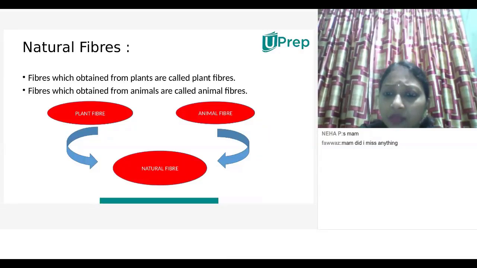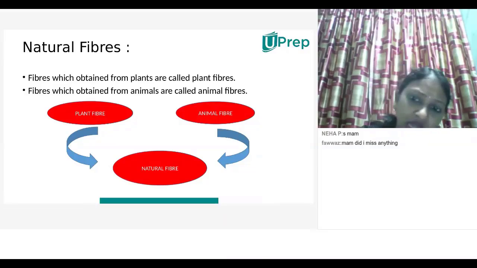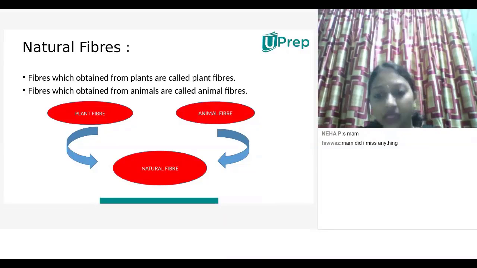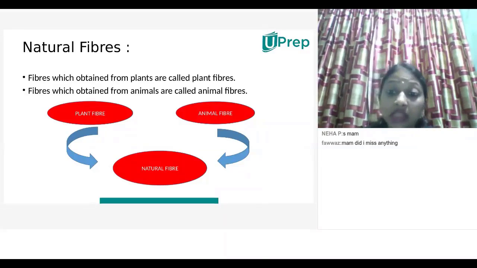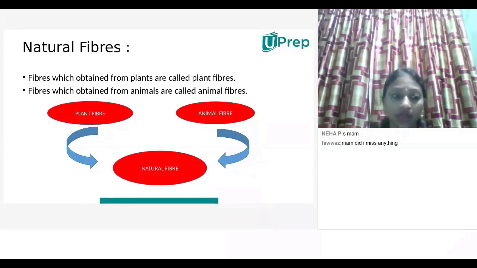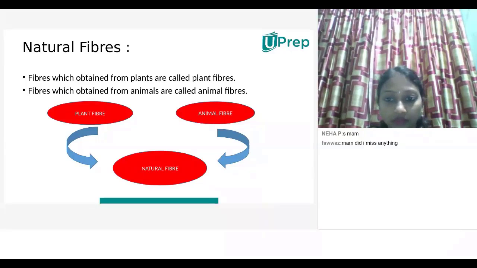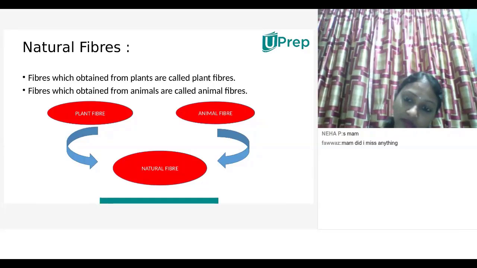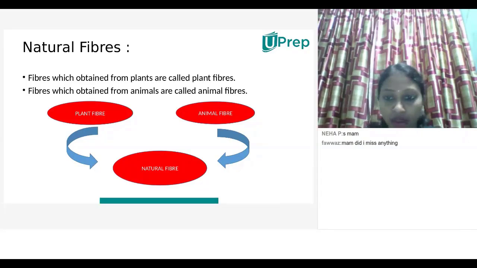When this fur is obtained and treated with chemicals, we get fine fibers. These fibers then undergo processing to form fabrics. Understood? So this is about both the plant fibers and animal fibers, which are considered natural fibers.